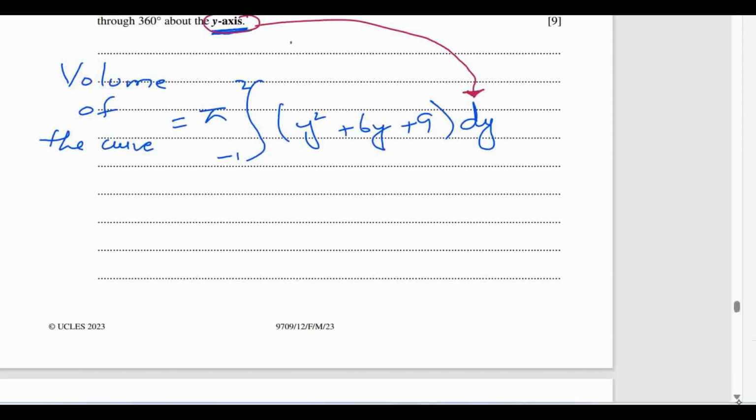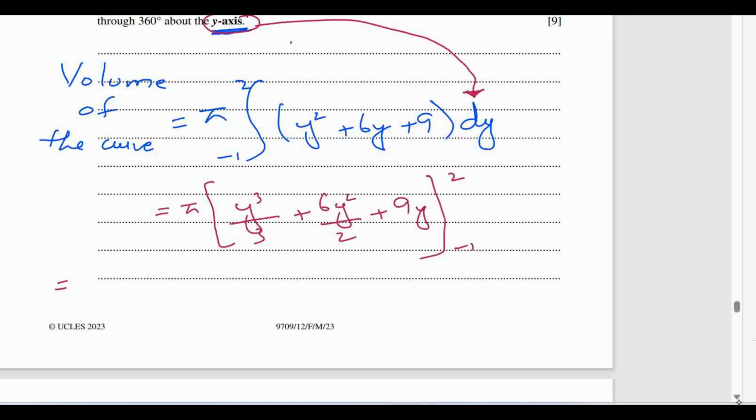Now this will be equal to pi into y cube by 3 plus 6y square by 2 plus 9y, और इसमें वो आपने लिमिट्स पुट करनी है.